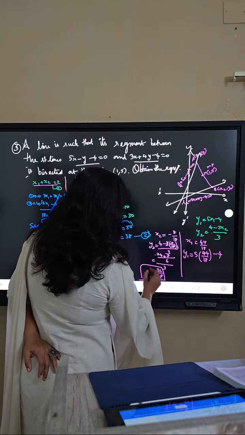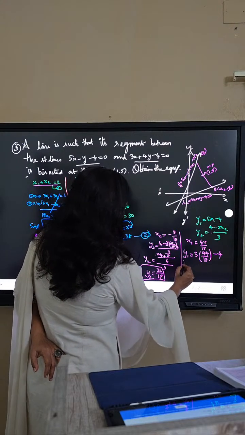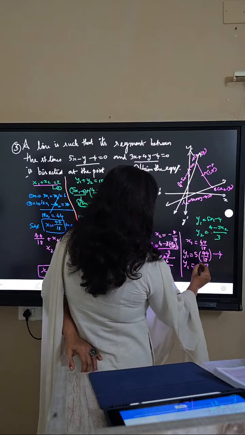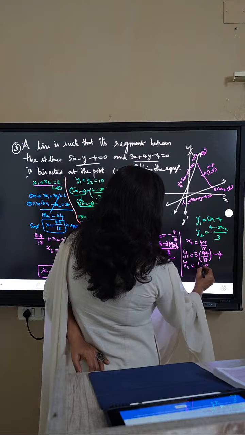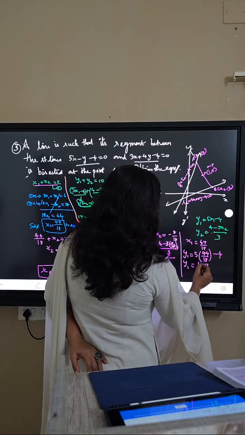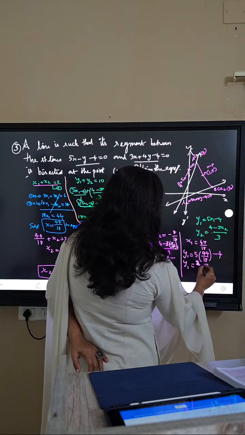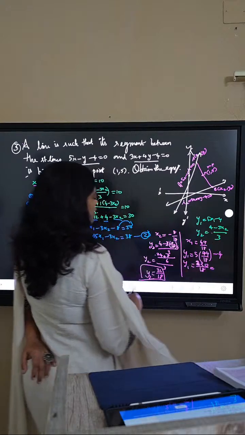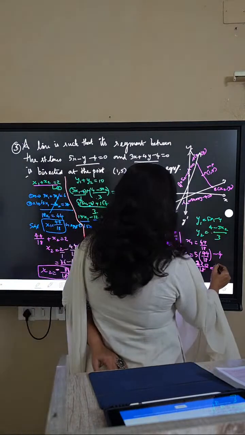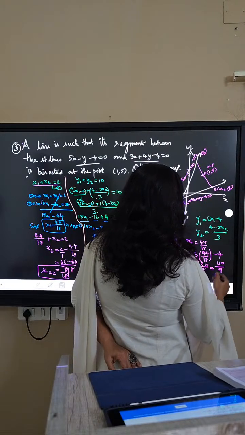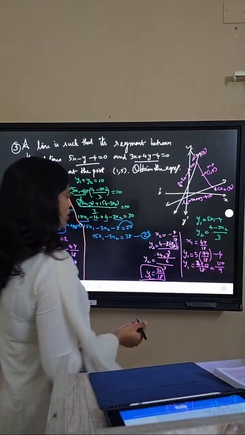What is y1? Just multiply: 20 remainder 2, so 22 over 18. You can cut off all these by 2, so 110 over 9.